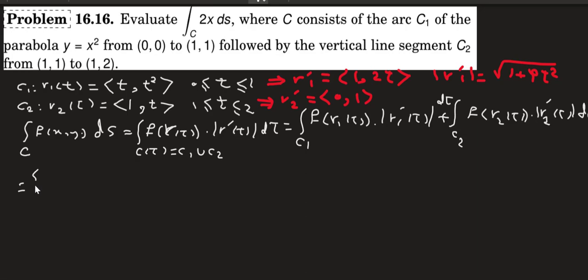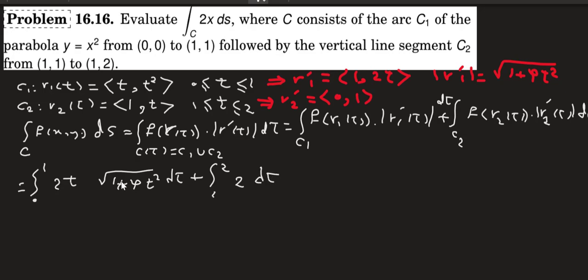Now we continue with the integral over C1, t between 0 and 1, and f composed with the curve r1, which is 2x. Instead of x we put t, and we have 2t multiplied by the norm of r1 prime, which is the square root of 1 plus 4t squared, plus the integral between 1 and 2 of 2x, where x is equal to 1 since it is the vertical line, and 2 multiplied by the norm of r2 prime, which is 1.